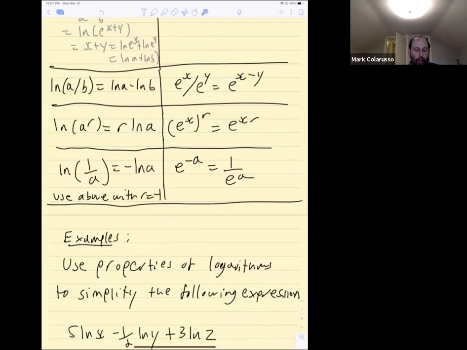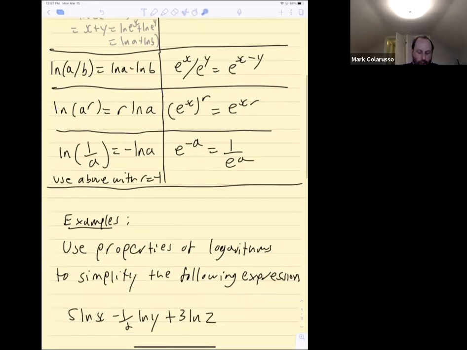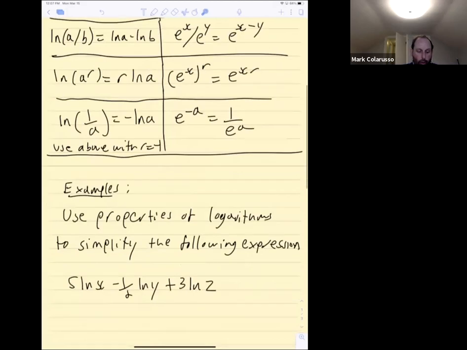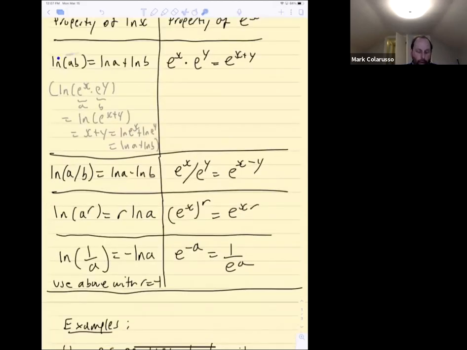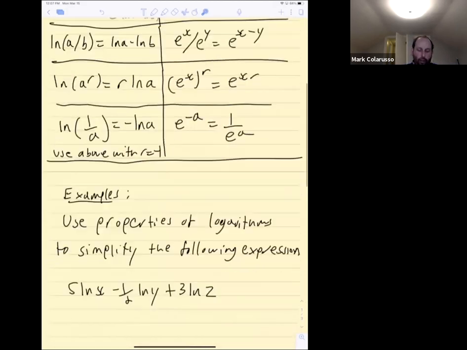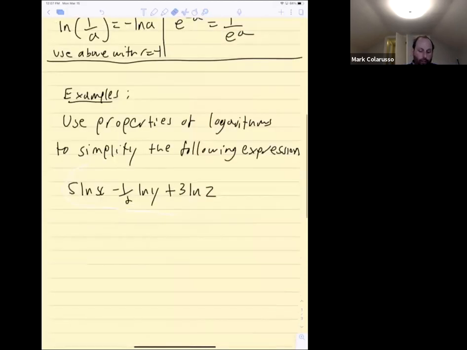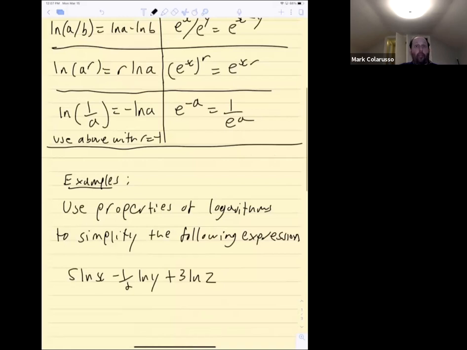Usually you have to use the exponent property first, to be able to then employ the other properties, because you can't just go ahead and use the quotient property or the sum property right away, because you have numbers in front of the logarithms. You have 5, 1/2 and 3. So we first have to use the third property in the table here.